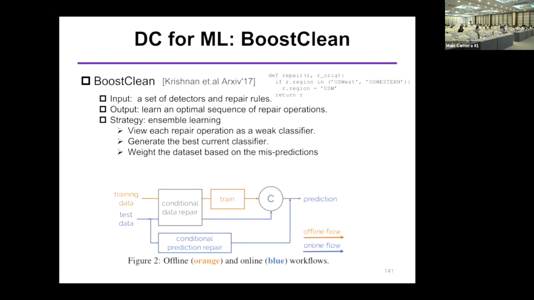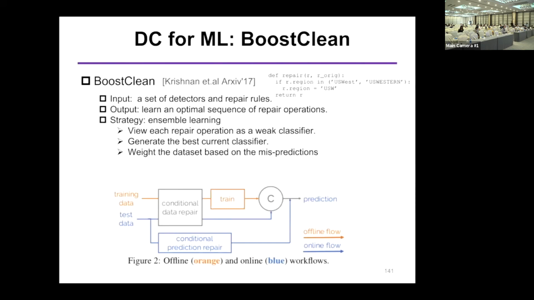Rather than costly enumerating every record in the original dataset and cleaning it, it makes the observation that detecting errors and applying a cleaning function on a dataset can be seen as generating a set of new features, and then a new model can be trained on the cleaned dataset.